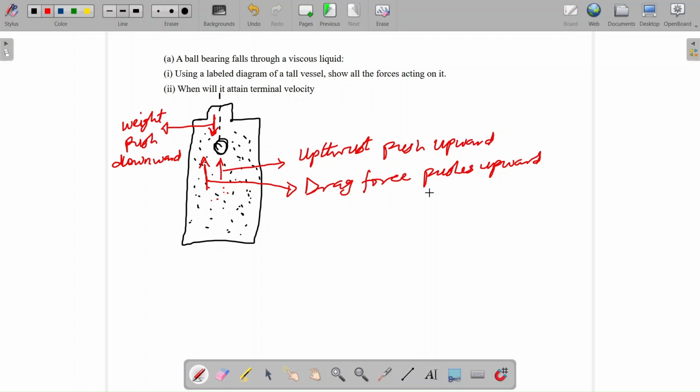When will it attain its terminal velocity?